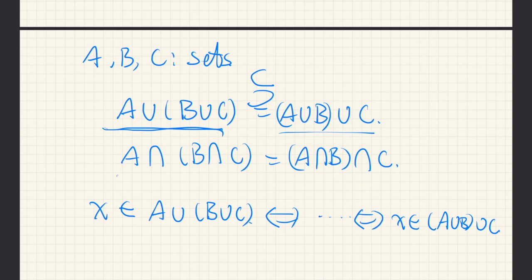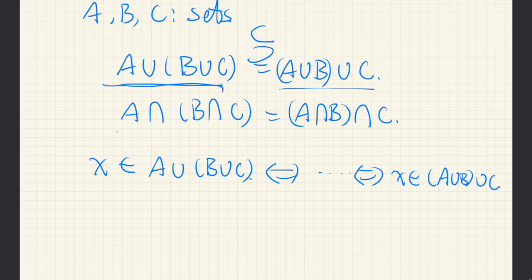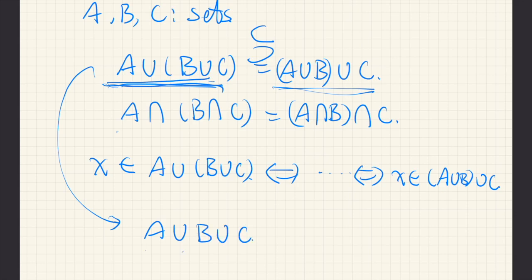So because of these properties, we can take set unions in any order. So for short, instead of writing this or this, since they are the same thing, we just write A union B union C, or A cup B cup C. So this or this can be written as just this without any parentheses or brackets. And similarly for intersection.